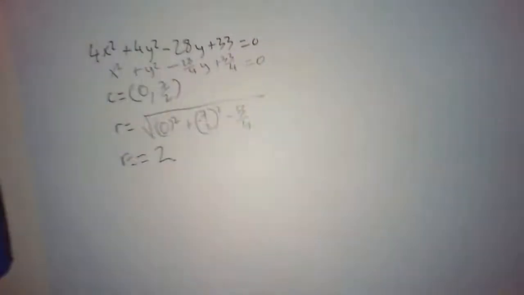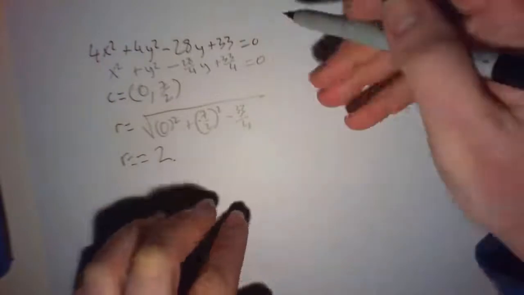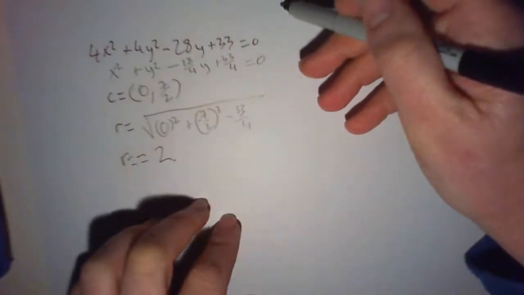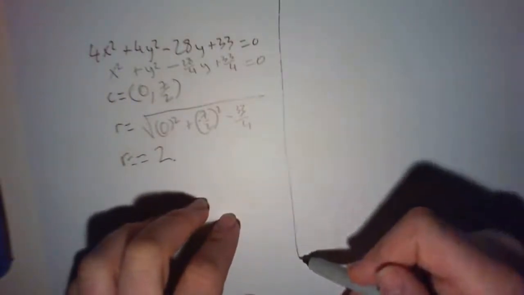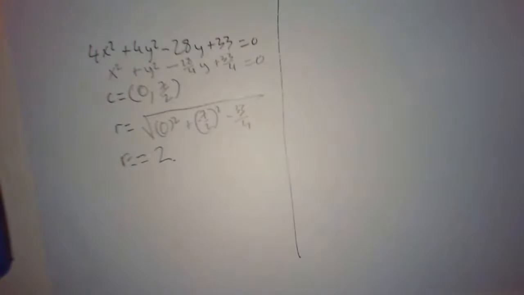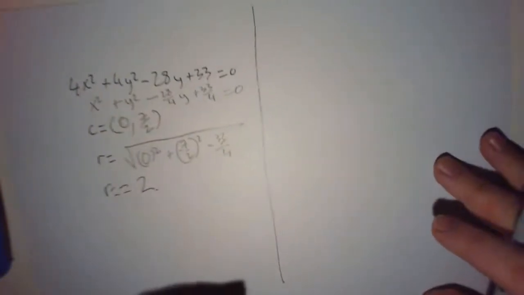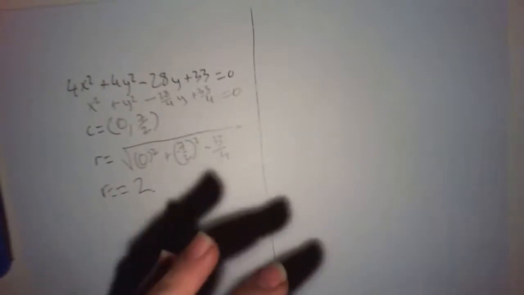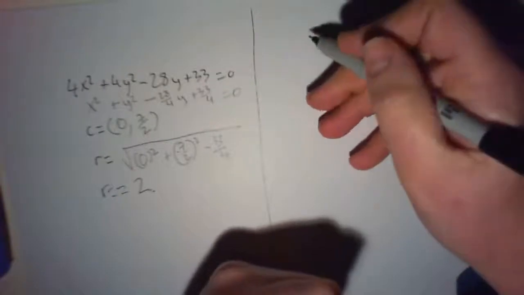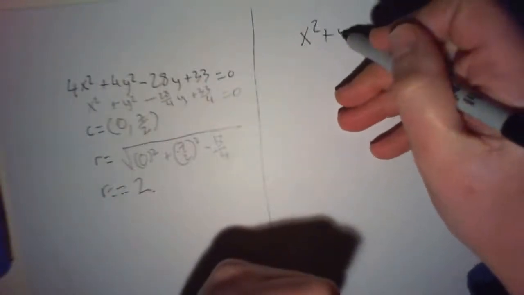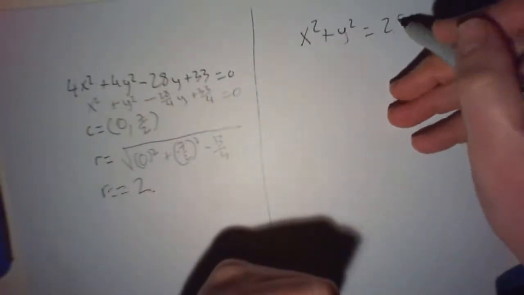Now let's have a go at something a little bit different. I'm not going to say it's harder, I'm just going to say it's different. So let's try one. I'm going to do this with both types just to get our act together. x squared plus y squared is equal to 25.